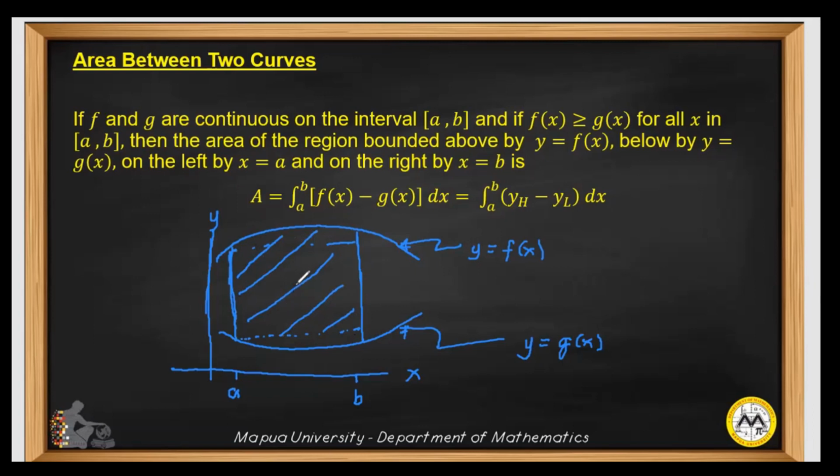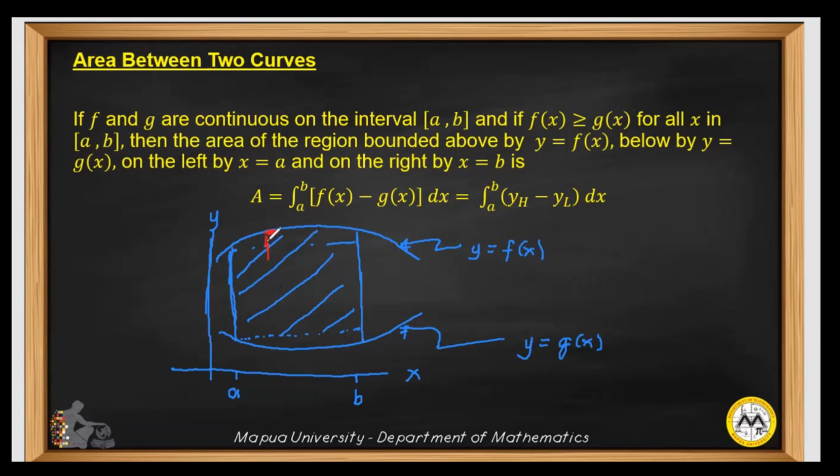Hence, if we have a region bounded by two curves, above by y equals f of x and below by another function y equals g of x, it will be more convenient for us to use the vertical element.